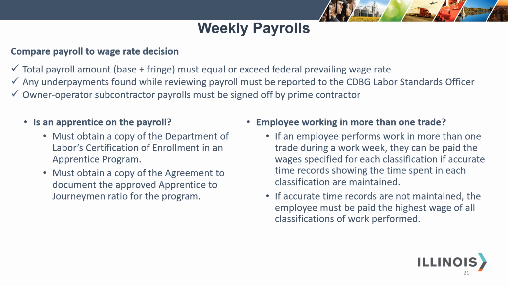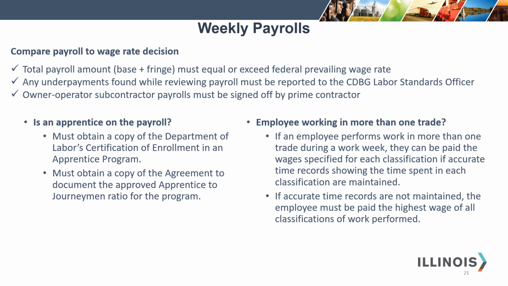Please do not assume that the ratio is 1-to-1 as it is with the Illinois Department of Labor. Please remember that this is federal prevailing wage. The agreement is the one that dictates the approved apprentice to journeyman ratio. You must obtain a copy of the agreement.